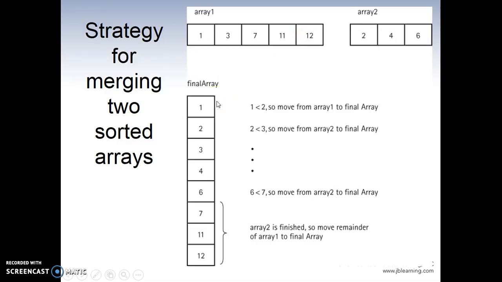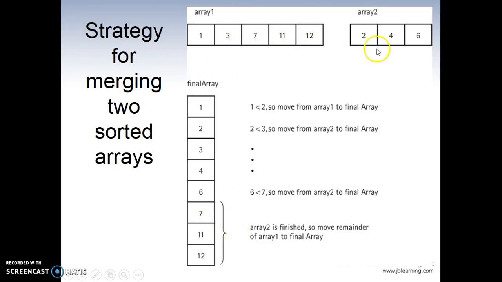And we keep doing that again. Compare array 1 to array 2. We see that now 2 is less, then we move from array 2 to the final array. So we have 3 arrays, right? And we keep doing comparisons like that. That's why it's called linear, n, right? To merge until the end, so we get a sorted array.